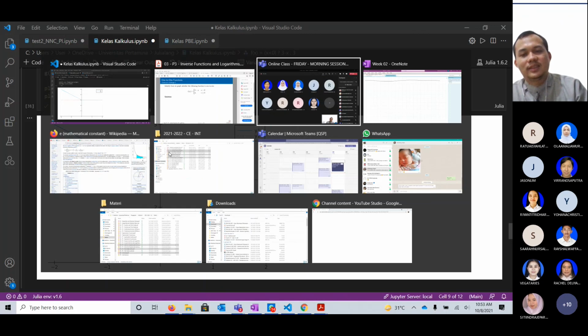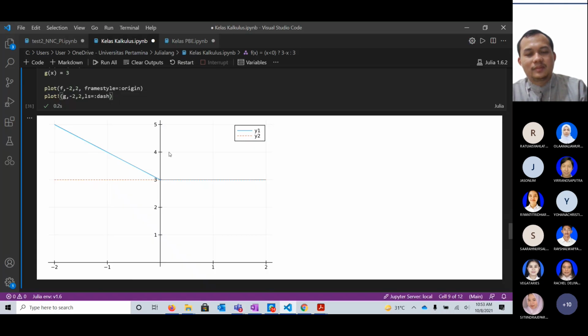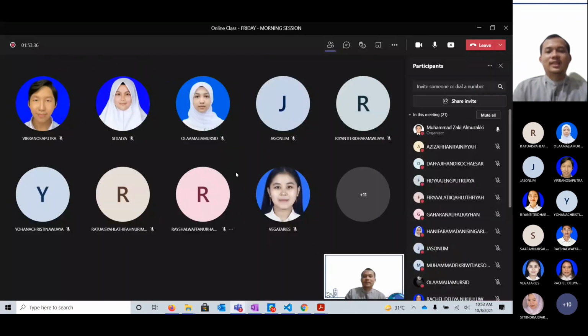Anyone knows? The first interval. Okay, so if we restrict the interval to be from -infinity to 0, then the function is 1-to-1, correct? Yes, sir.